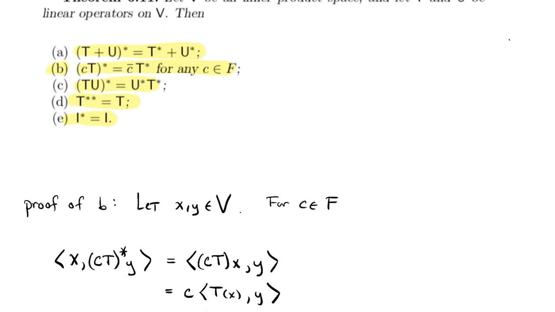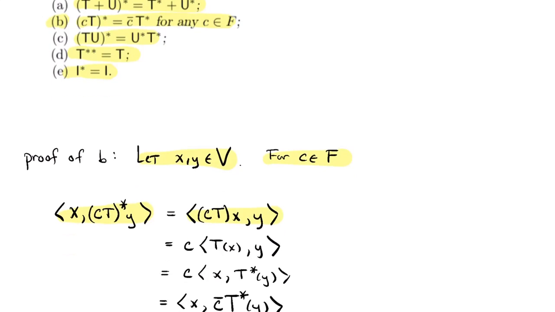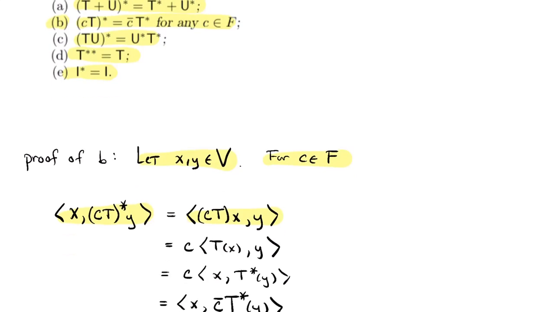I want to prove that the adjoint of a scalar multiple of T is the scalar's conjugate times the adjoint of T. So I take a couple of vectors X and Y in my vector space and a scalar C. Then I look at the inner product of X with (CT) star applied to Y. Bring the adjoint across the comma, so it gets rid of the star, and then by the scalar multiple property in the first coordinate of the inner product, that C can come out.